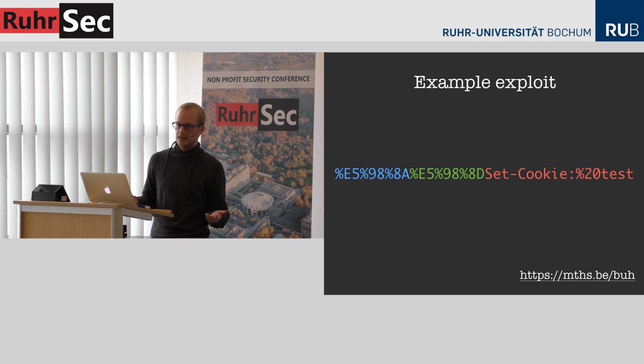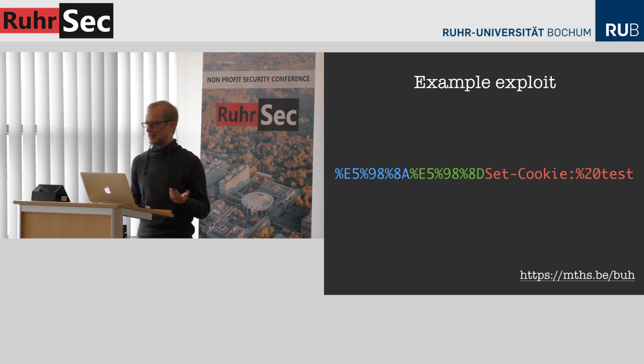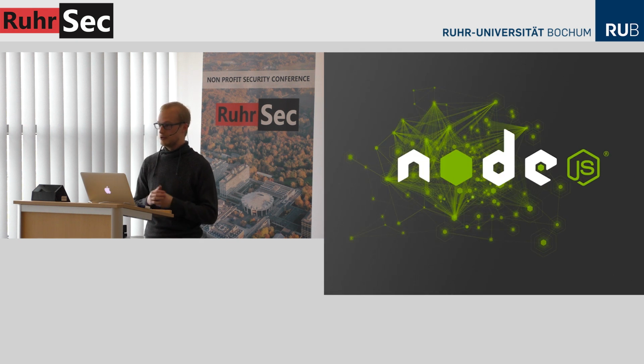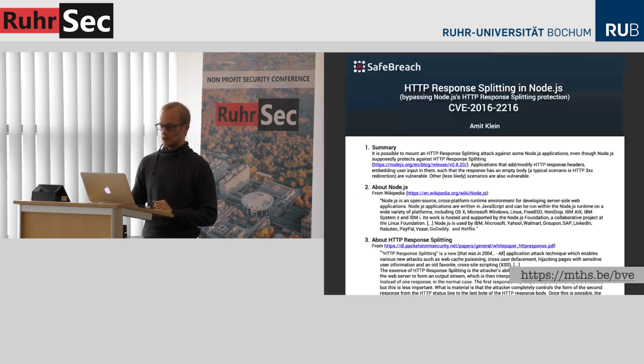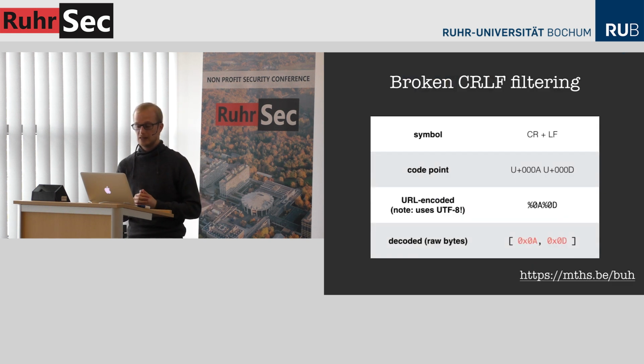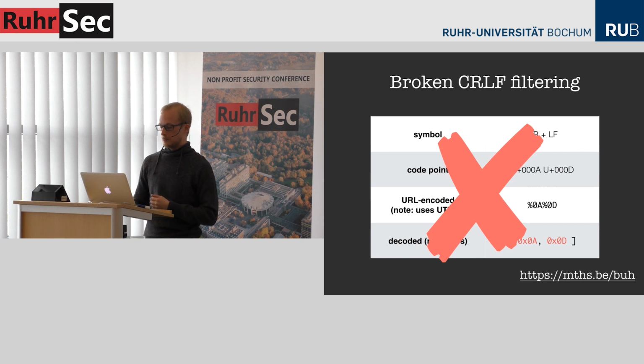And you might think, okay, this is just Twitter, it's just one company making this mistake. But a couple of months later, it was actually discovered that this was a problem also in Node.js itself. They have a very similar bug in their built-in HTTP response splitting protection. So they were doing something very similar to Twitter, really. They would filter CR or LF directly, so that wouldn't work.